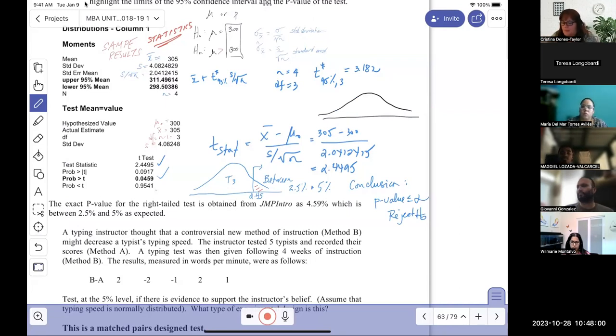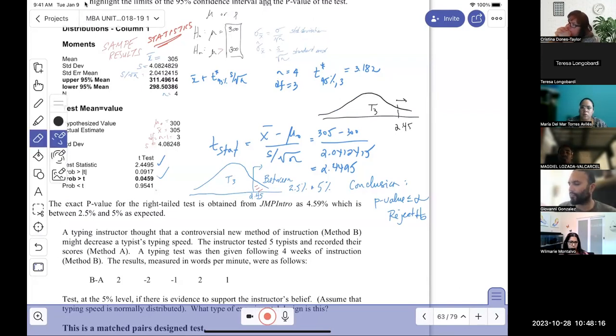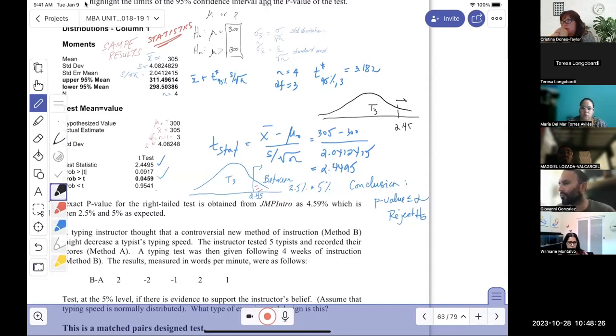The point is that if I put 2.45 here, and I'm doing the two-tailed test, in the one-tailed test I'm comparing this to the p-value, right? So I'm putting the p-value, let me use black.